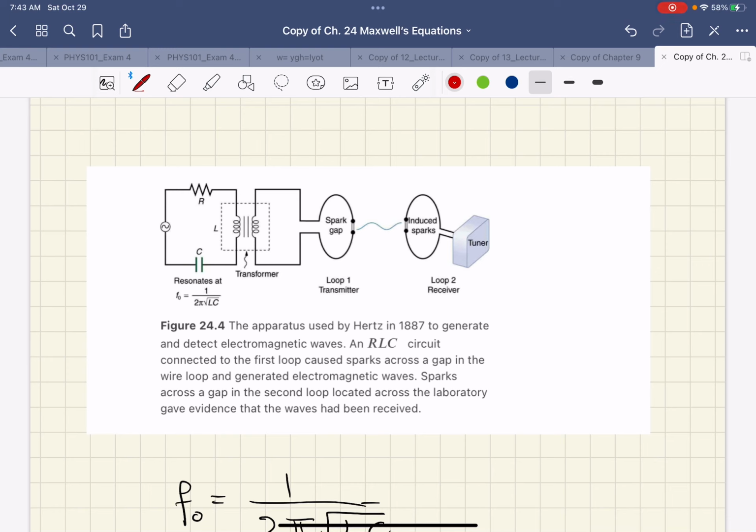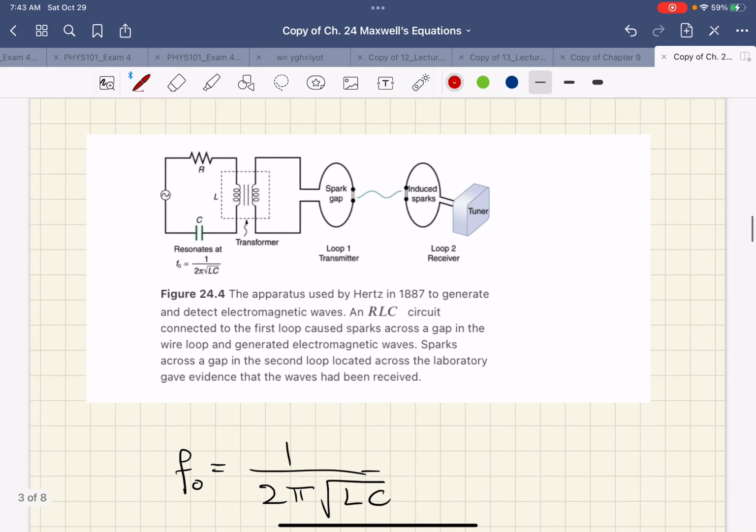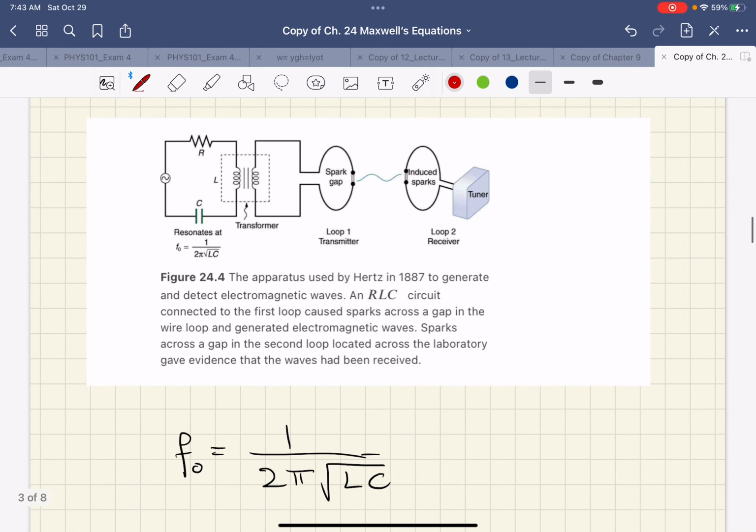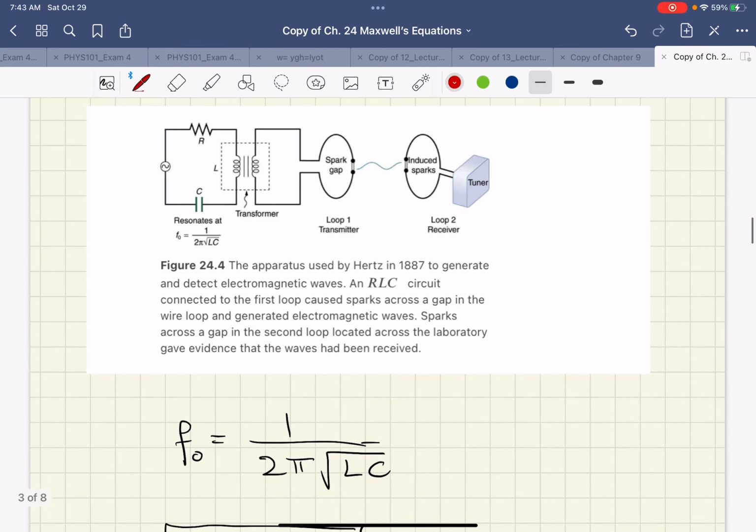Here we have a transformer, and the first coil is connected to a resistor and a capacitor, and there is an AC source, and the second one is connected to loop 1, and loop 2 is the receiver. This one is the transmitter, and that one is the receiver.